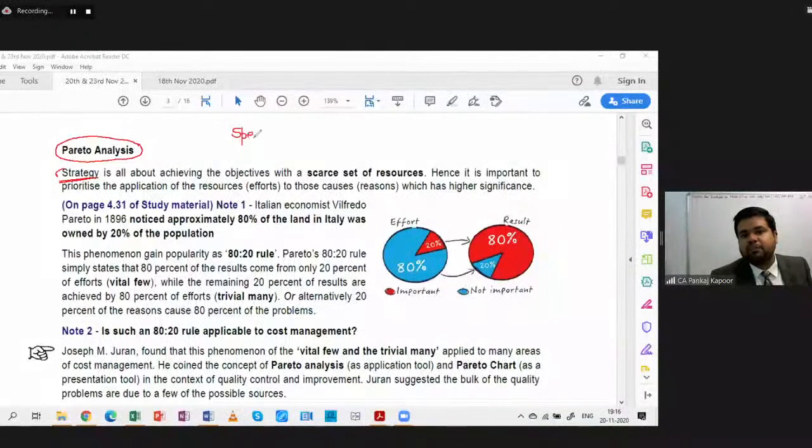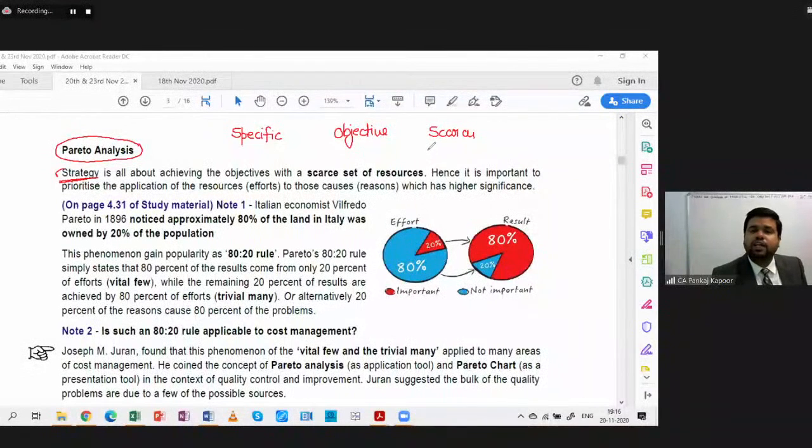Strategy is a specific plan. Why is it a specific plan? Because it's specifically based upon your SWOT analysis, in order to achieve the objectives of the organization, and that too with a scarce set of resources.